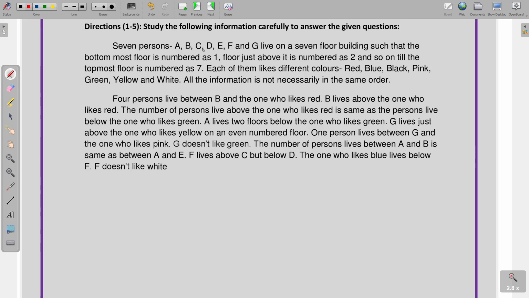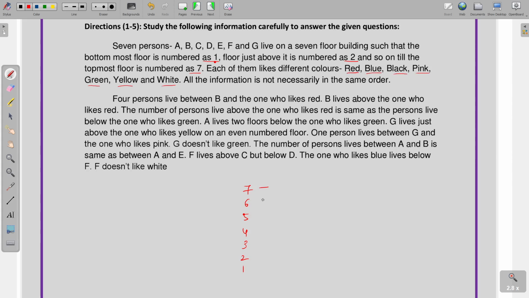7 persons A, B, C, D, E, F and G live on a 7-floor building such that the bottommost is 1 and above it 2, and the topmost floor is 7. So totally 7 floors we have: 7, 6, 5, 4, 3, 2 and 1. Each of them likes a different color: red, blue, black, pink, green, yellow and white.